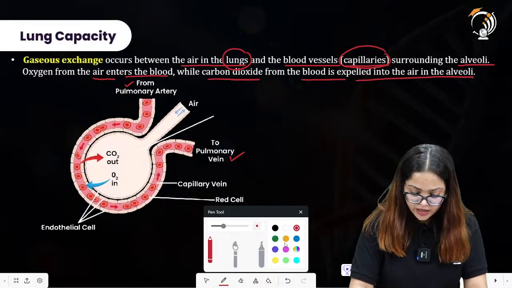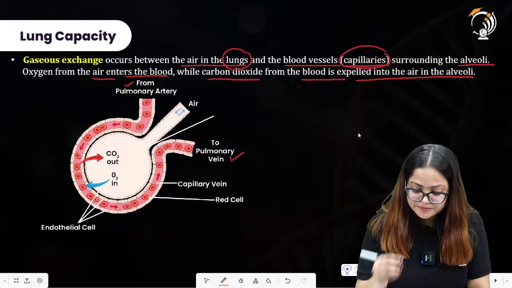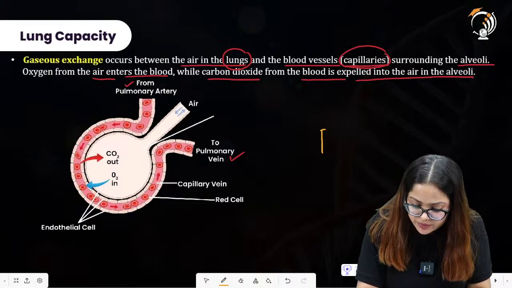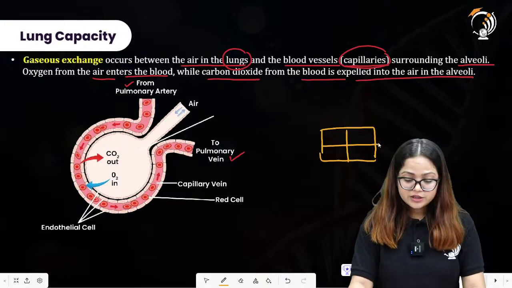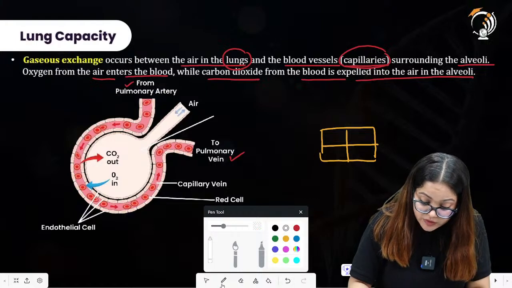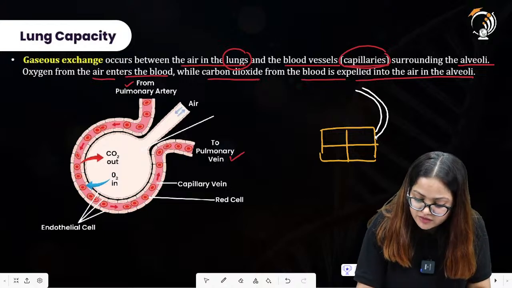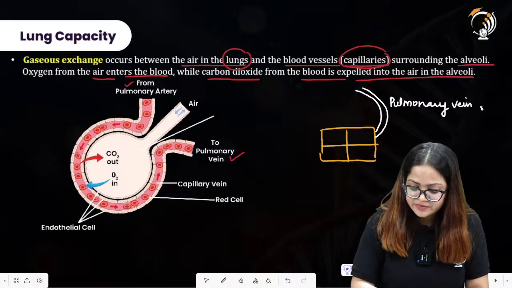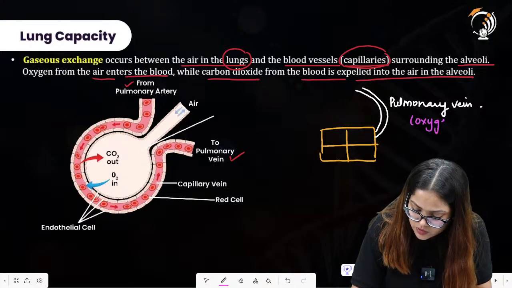Let us connect it to another topic, from the circulatory system, to understand this better. The human heart has 4 chambers. Understood? Let us represent it through this box. The oxygenated blood is going to enter the heart from the pulmonary vein, carrying oxygenated blood here.